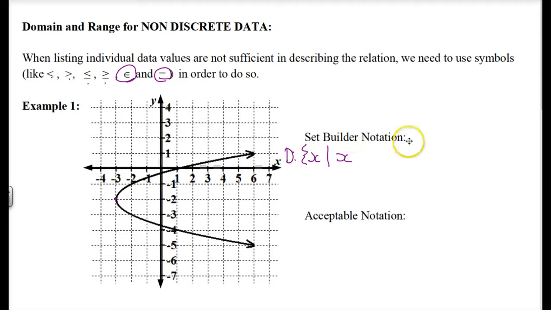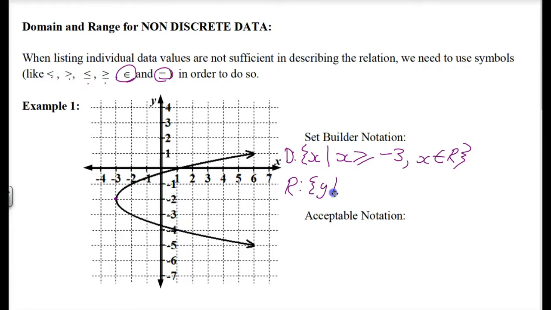Otherwise, and the arrows indicate it goes on forever. So x is greater than or equal to -3, and x belongs to the reals. So one more time, the set of what? The set of all x. What about x? Such that x is greater than or equal to -3, and x belongs to the reals.